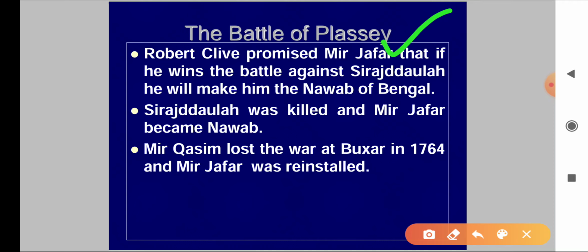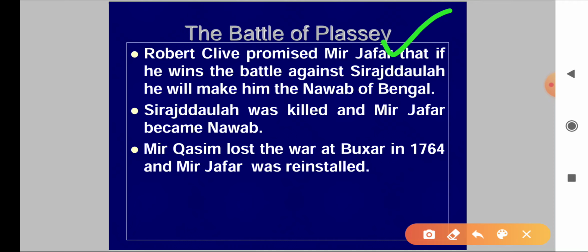So in the battlefield, when the battle began, Sirajuddaulah gave an order to his army, but Mir Jafar denied. So the company members got the opportunity, and with the help of Mir Jafar, Sirajuddaulah was killed and Mir Jafar became the Nawab of Bengal.